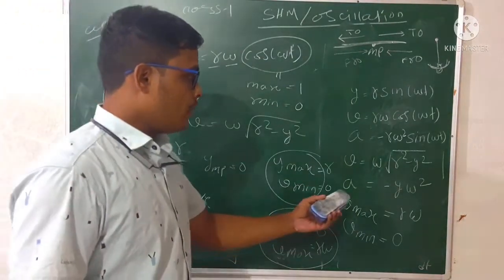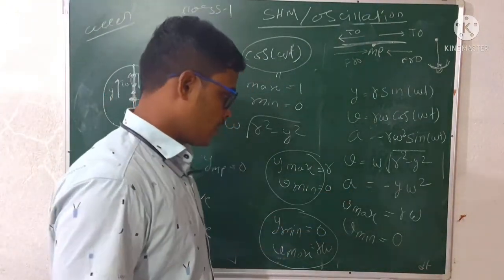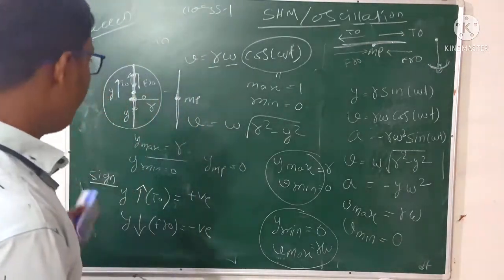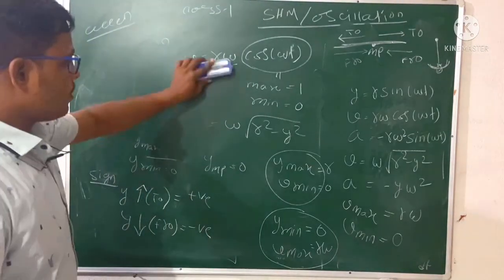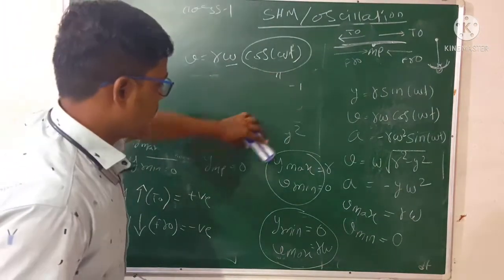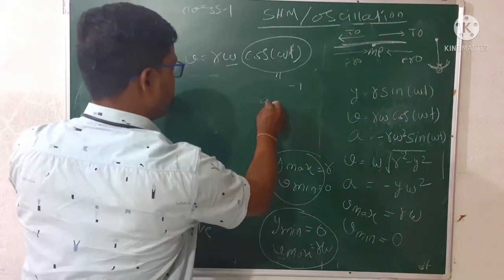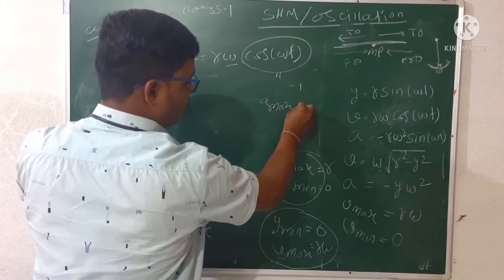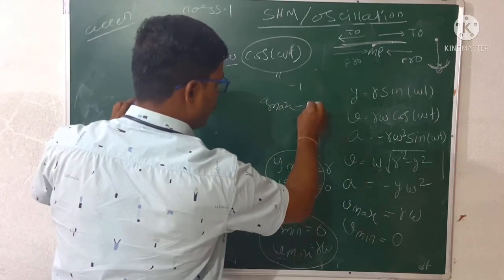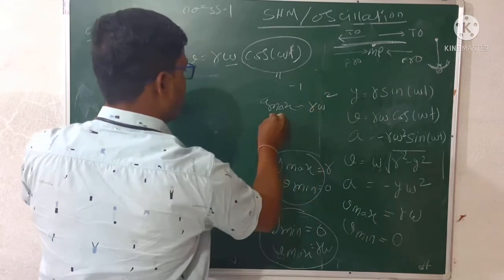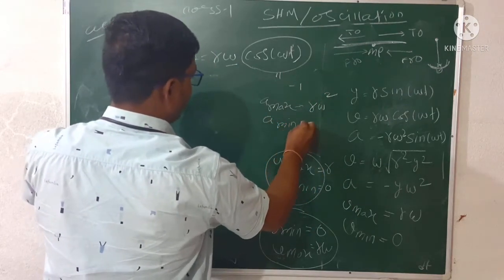And what is the acceleration? That is minus y omega square. So what will be the acceleration maximum? Okay, so you remember, the acceleration maximum also depends upon y. So acceleration maximum is r omega square, and acceleration minimum is 0.